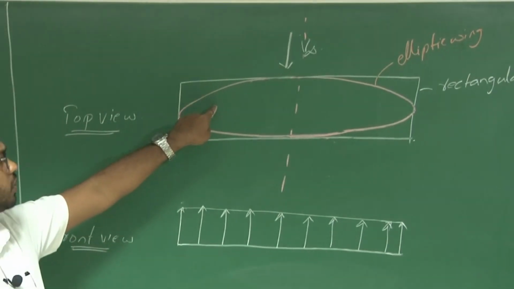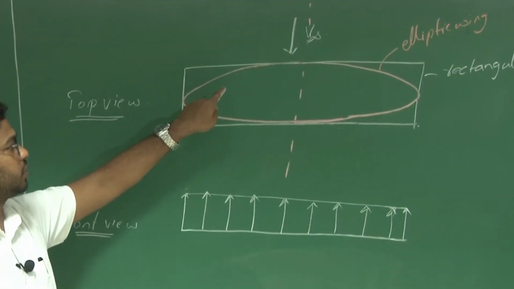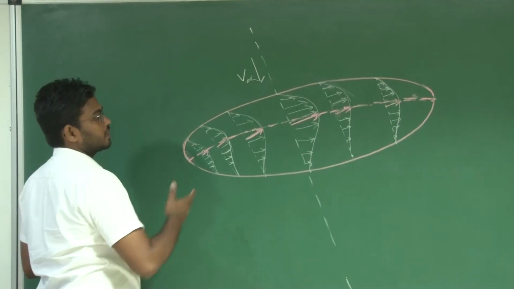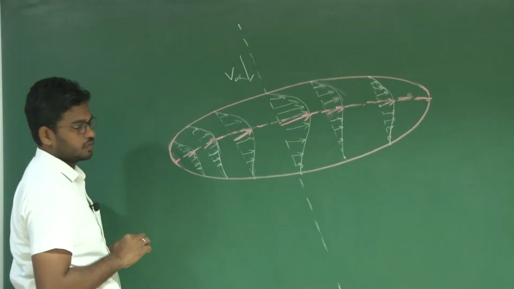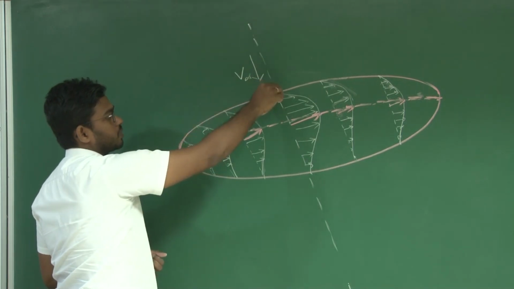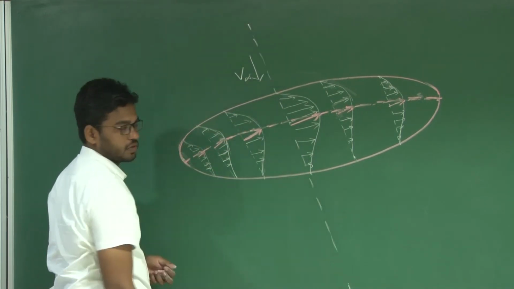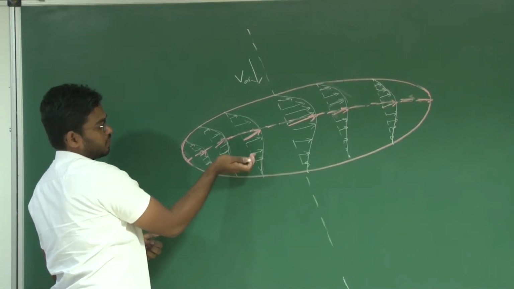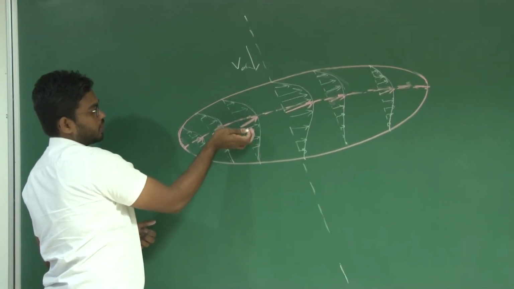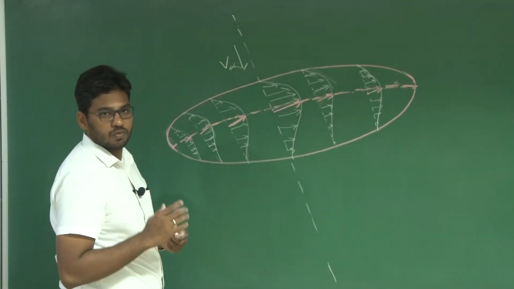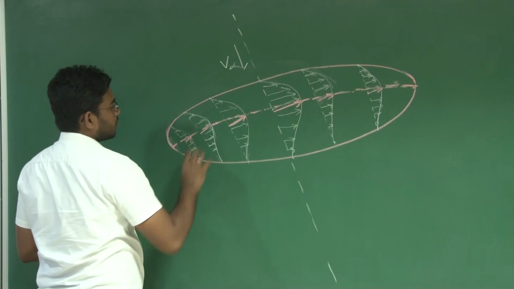Now, how about the pressure distribution at each and every span-wise location of this elliptic wing? Consider an enlarged view of that elliptic wing, right? Let us say the flow is parallel to this fuselage reference line. So the white lines, or the arrows here, represent the pressure distribution at each and every location of this elliptic wing, right?